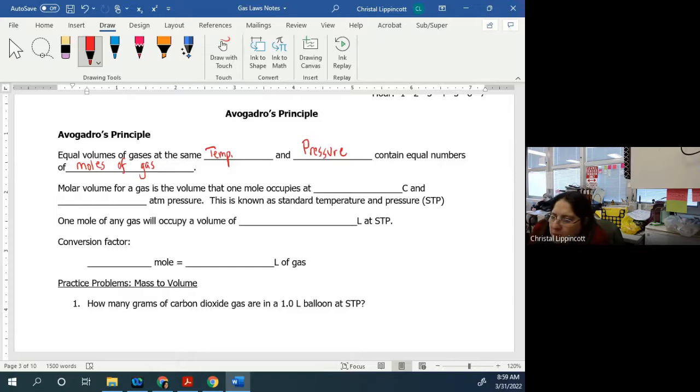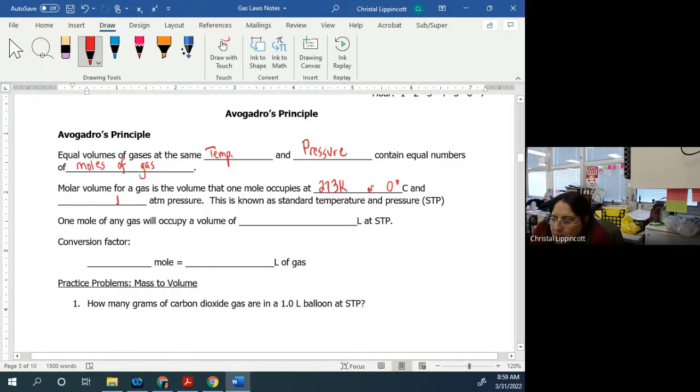The molar volume for a gas is the volume that 1 mole occupies at 0 degrees Celsius, which is 273 Kelvin, and 1 atm of pressure. That's known as the standard temperature and pressure, so STP.